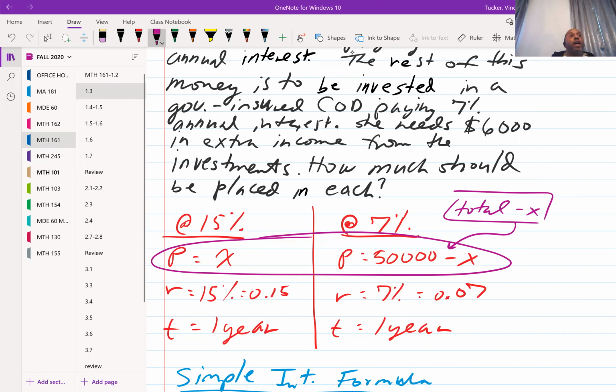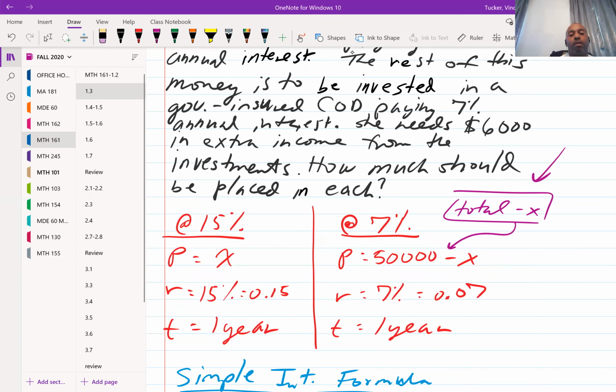So whenever all you have is the total, and you have two accounts or two categories, and you want to split up the total, you will let one of them be X, and then you will let the other one be the total minus X. And that will always work. It doesn't matter which one. I could have put 7% as X, and then 50,000 minus X under the 15% category. After you do all the work, you'll still have the same two answers.